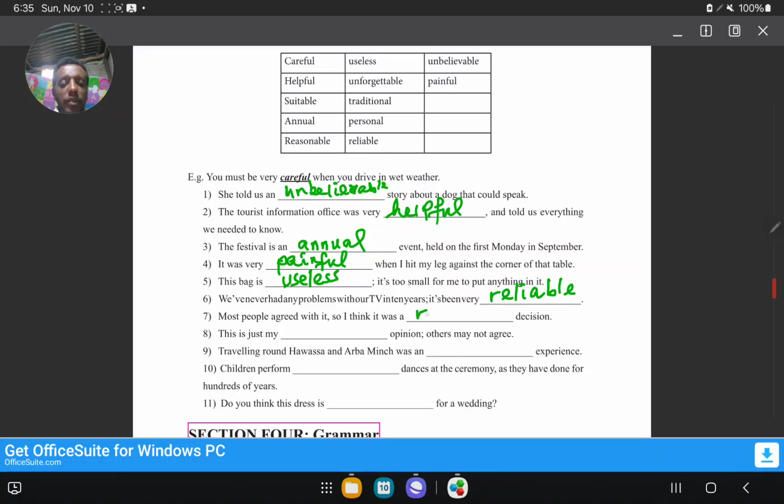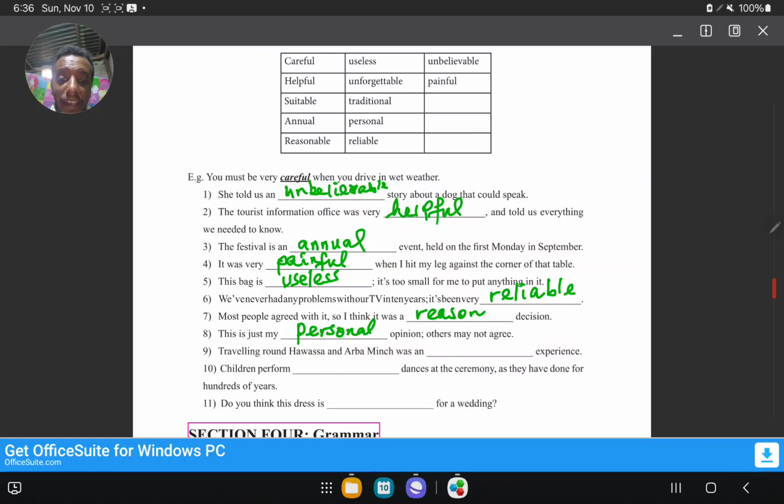Reasonable, because everybody agreed with the decision. Number 8. This is just my dash opinion. Others may not agree. Personal. Yeah, personal. Question number 9.